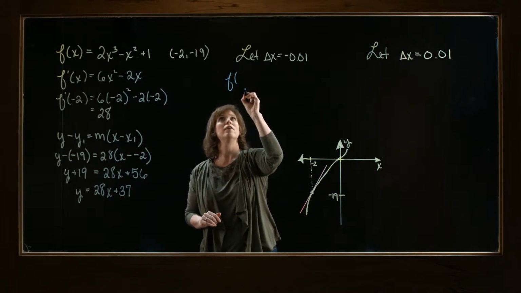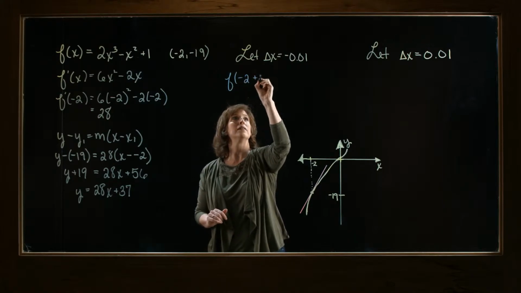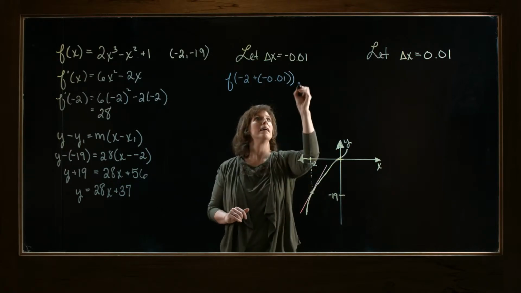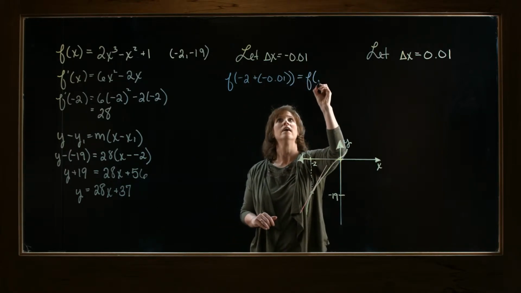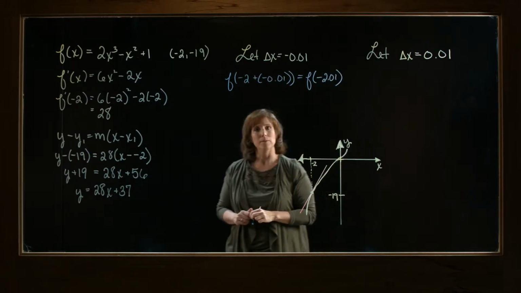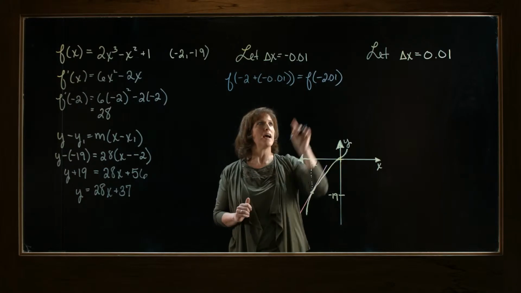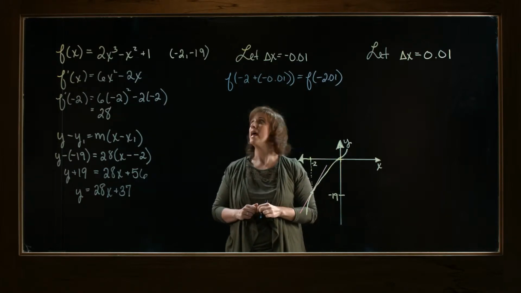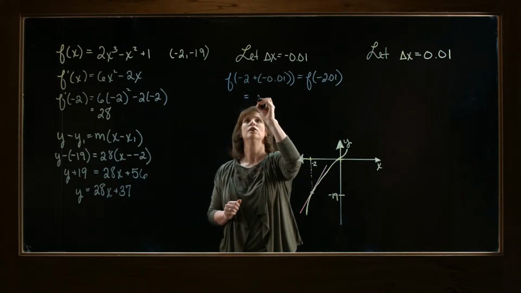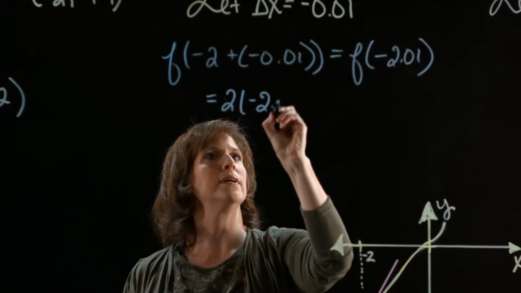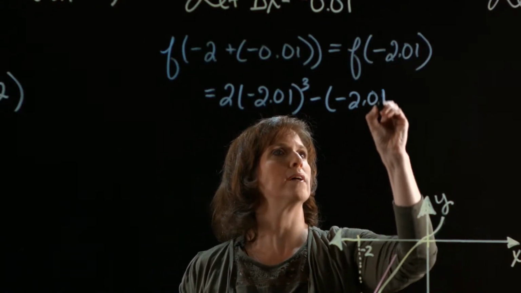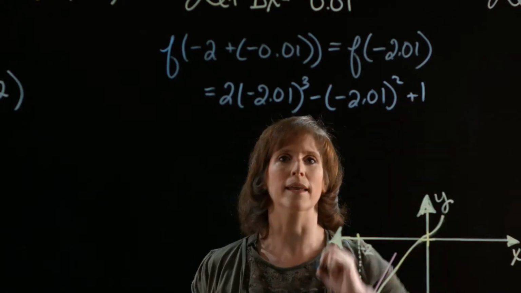So what am I looking for then? I want to find f of -2 plus -0.01. This equals f of -2.01. Now I need to do a little number crunching. I'm going to take -2.01 and plug it into my original function. So I'm going to have 2 times (-2.01) cubed minus (-2.01) squared plus 1.